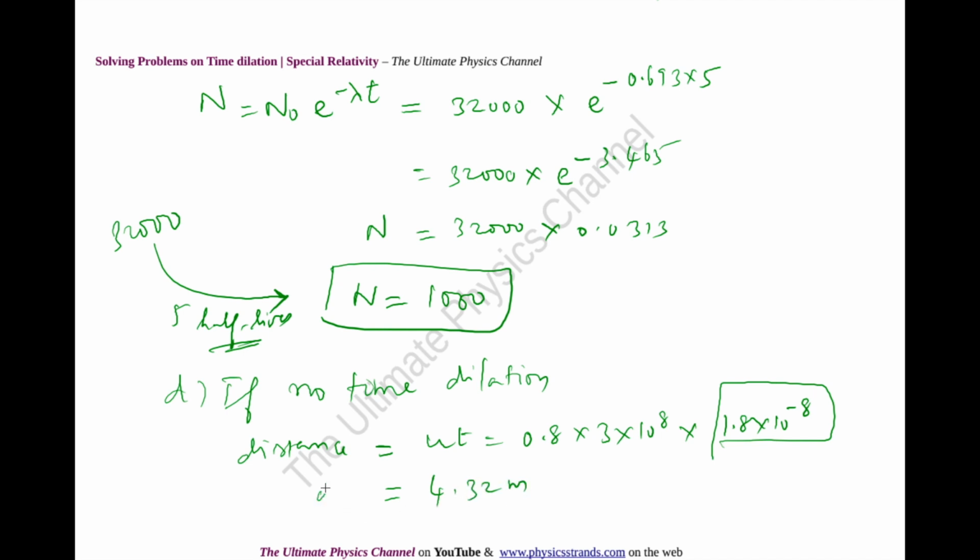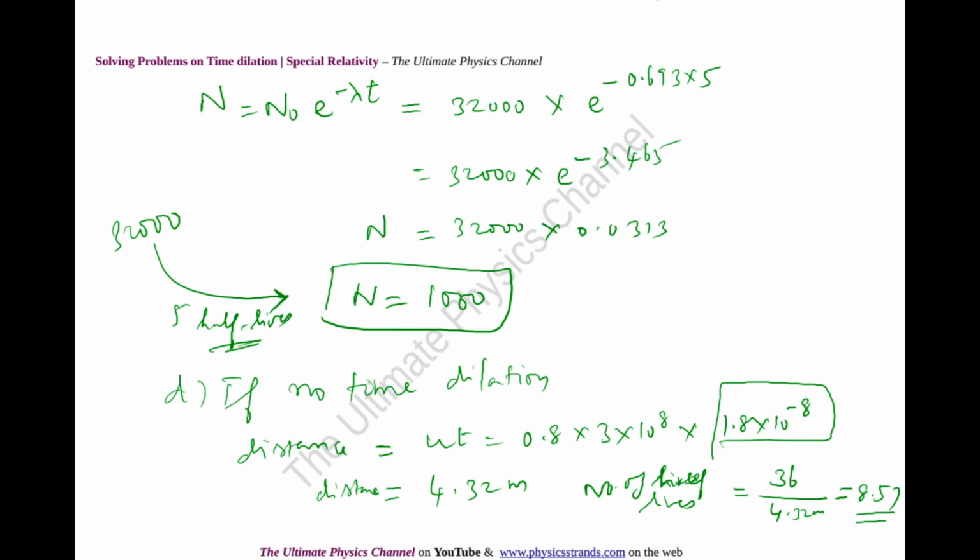So in its own reference frame, pions would be able to travel only this distance during the half-life. Therefore, the number of half-lives is equal to 36 meters over 4.32 meters, that is about 8.5 half-lives, 8.57 roughly.